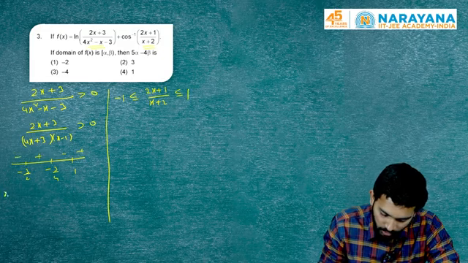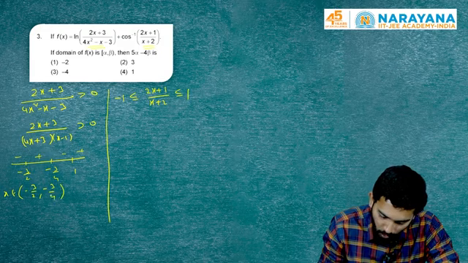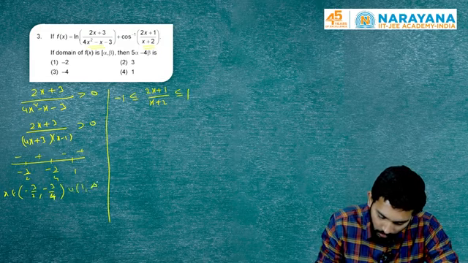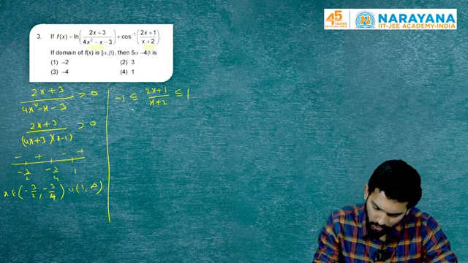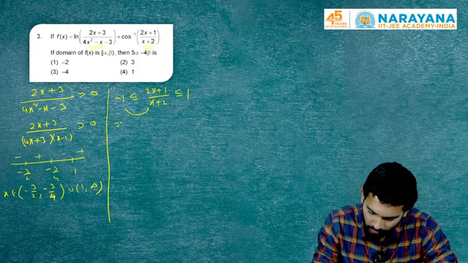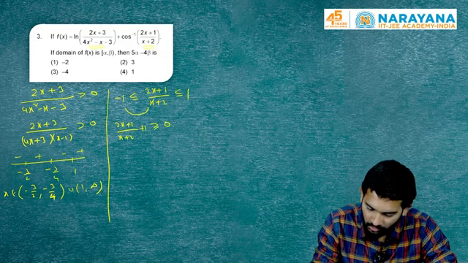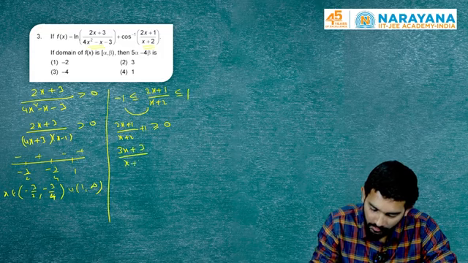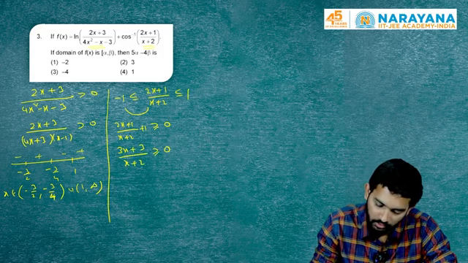We want positive, so x belongs to minus 3 by 2 to minus 3 by 4, open everywhere because it is strictly greater than 0, union 1 to infinity. Now if I solve this side of the inequality, it will be 2x plus 1 by x plus 2 plus 1 greater than or equal to 0, which will be 3x plus 3 divided by x plus 2 greater than or equal to 0.